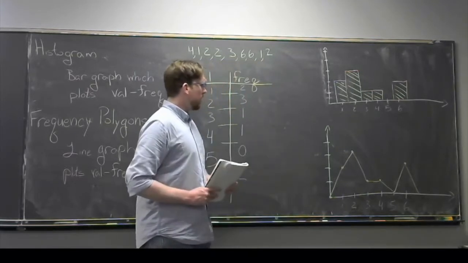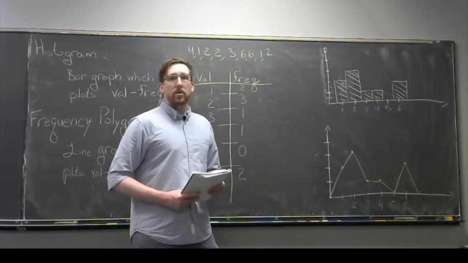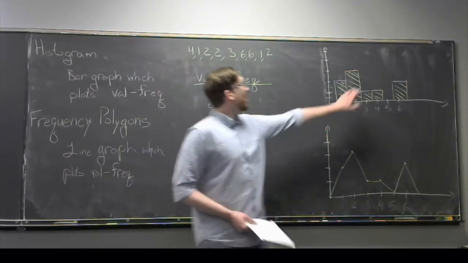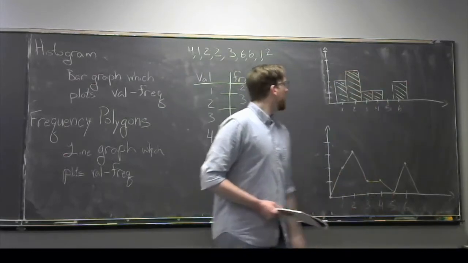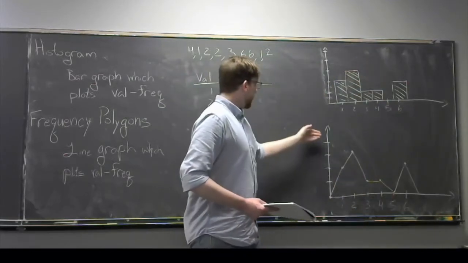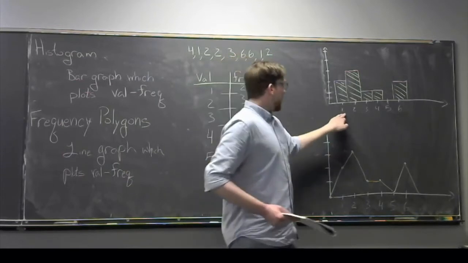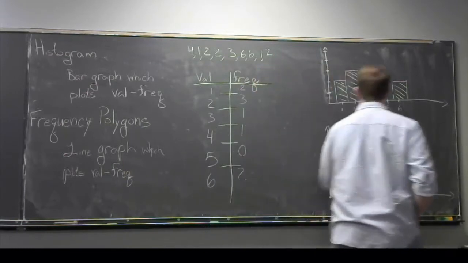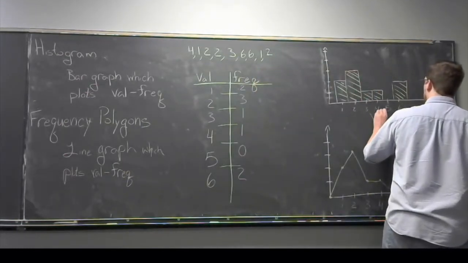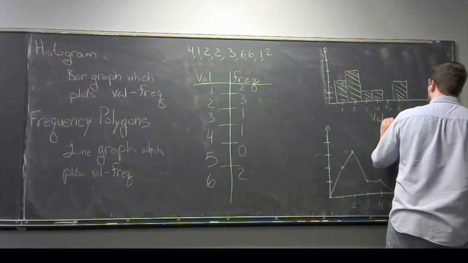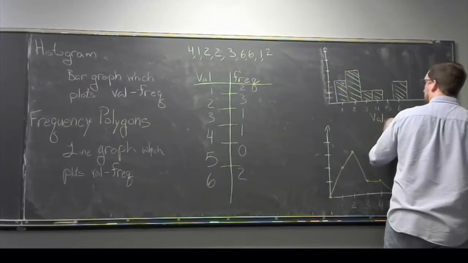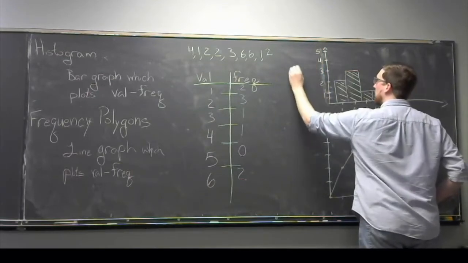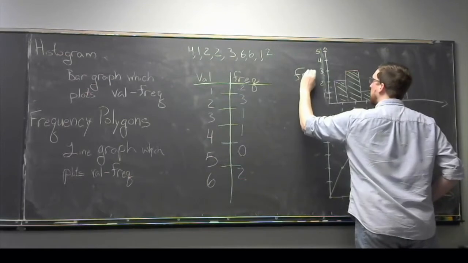Having said that, there's a few things I should note about these two graphs. There's something wrong with both of them. First, I didn't label what they were. I didn't label my y-axis. And I didn't state what these are. So, to fix that really quick: values, frequency.